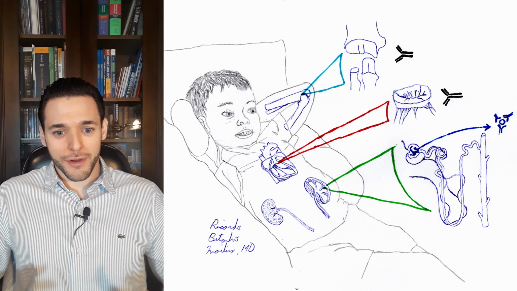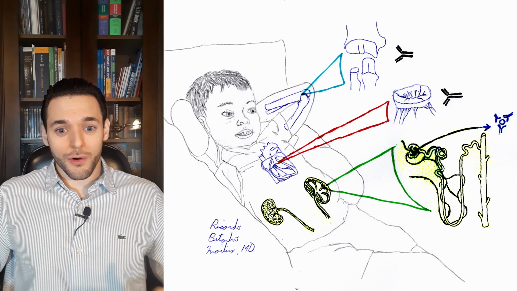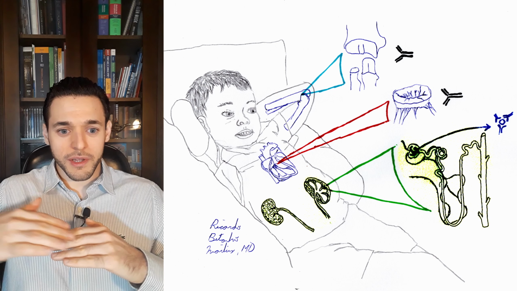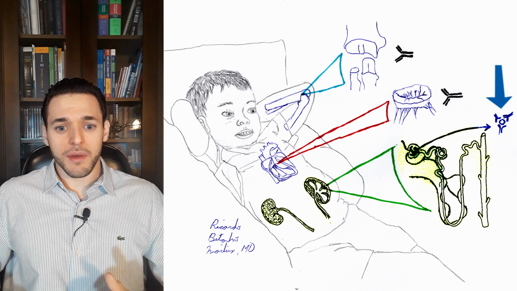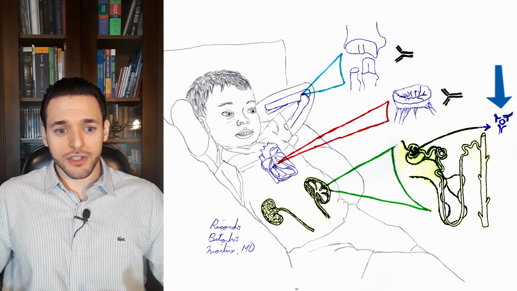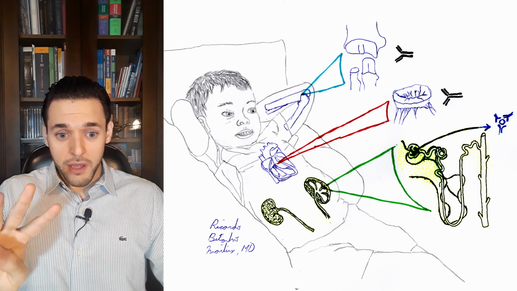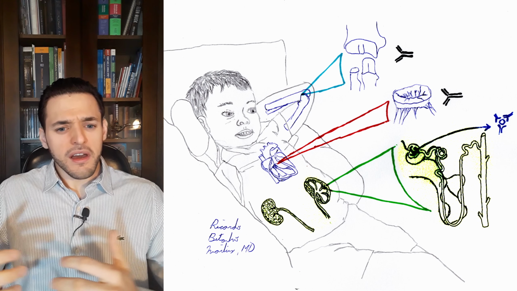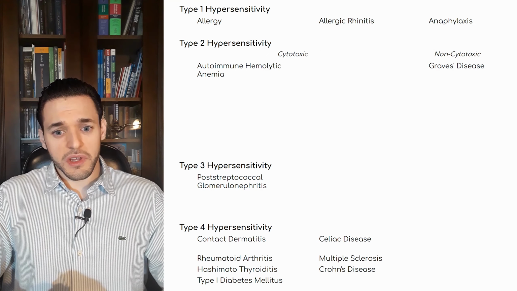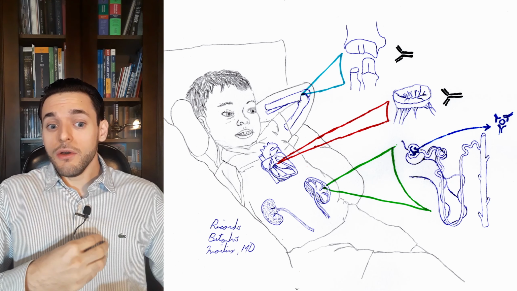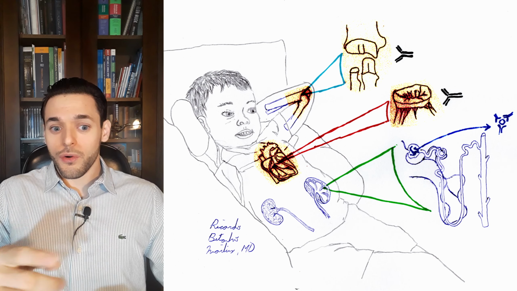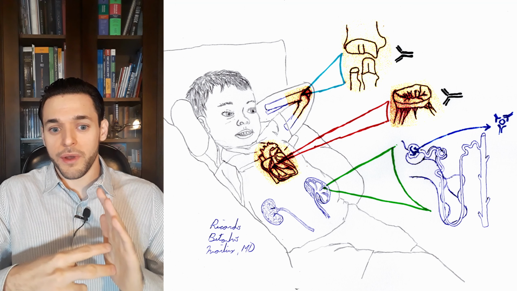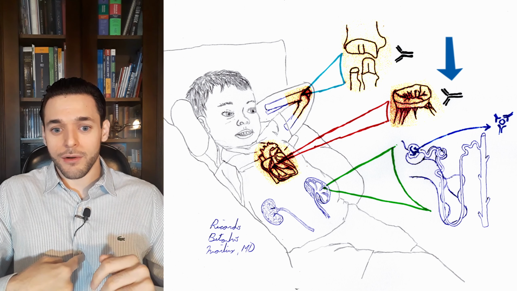Post-streptococcal glomerulonephritis, as we said, is caused by the deposition of immune complexes in the glomerular basement membrane, causing inflammation, and is therefore a type 3 immune complex mediated hypersensitive reaction. But acute rheumatic fever is caused by antibody cross-reactivity with myocardial cells.